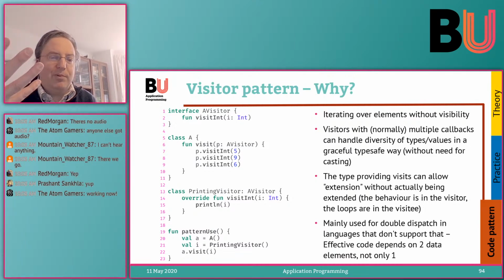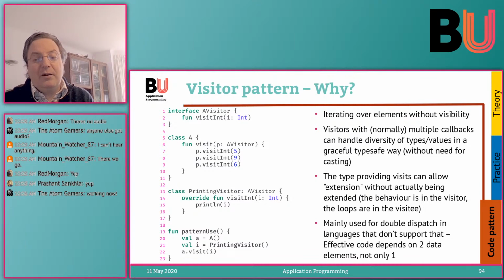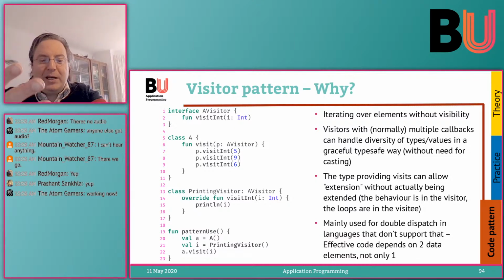So your type implements a visit function, and in that visit you invoke the visitor with the right data. An interesting thing is your visitor can actually implement multiple functions depending on different types of data, and then the visited object can call the right one depending on the data it has. So this way you can do something with a complex data structure and use it.